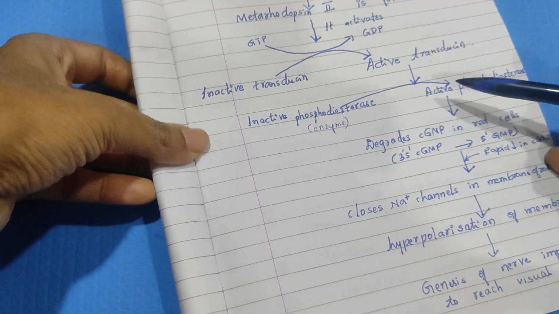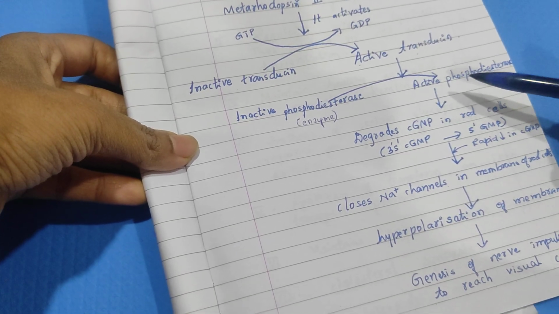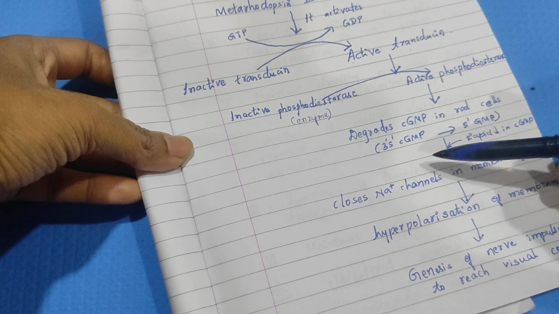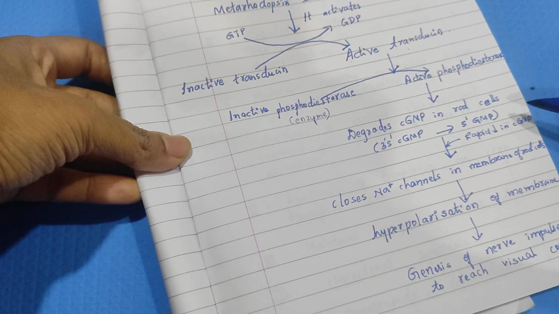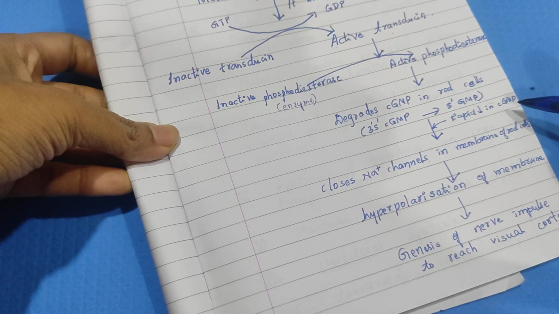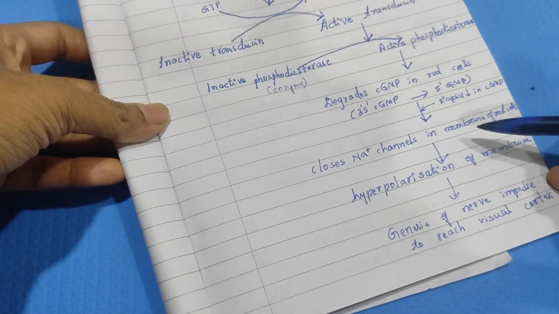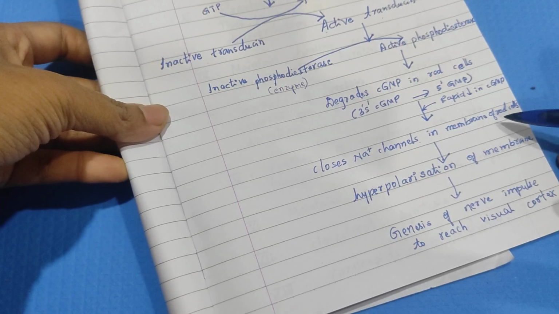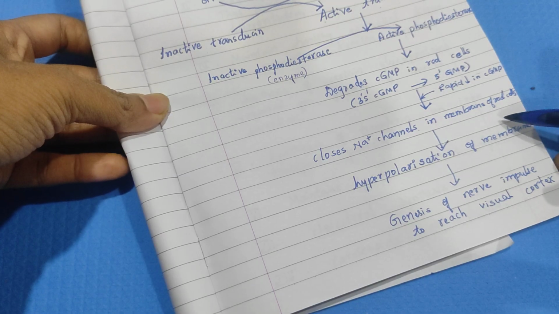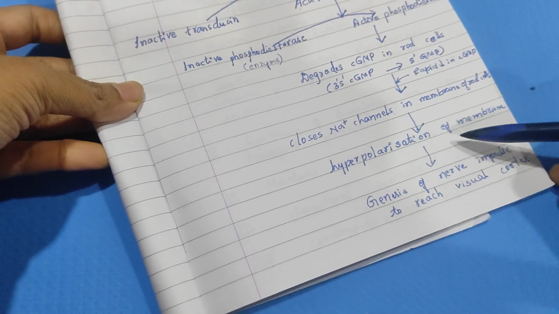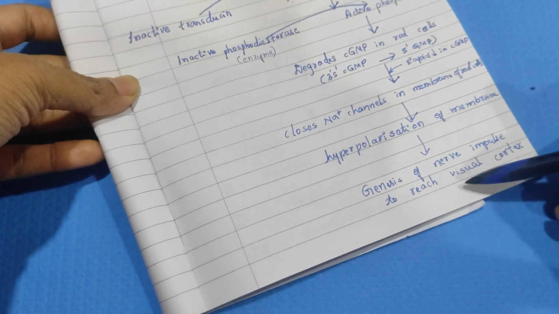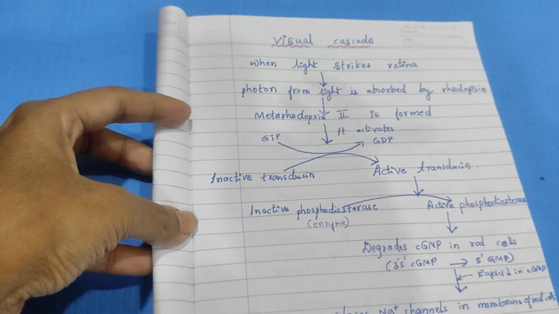That is an enzyme. So after activation, that enzyme degrades cyclic GMP in the rod cells to the 5-GMP. So rapid decrease in the cyclic GMP level causes closure of the sodium channel in the membrane of the rod cells. Because of the closure, there will be reduced influx of the sodium, which causes hyperpolarization of the membrane that generates the nerve impulse, which then reaches the visual cortex.